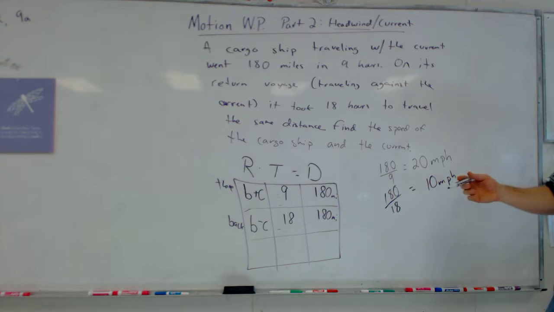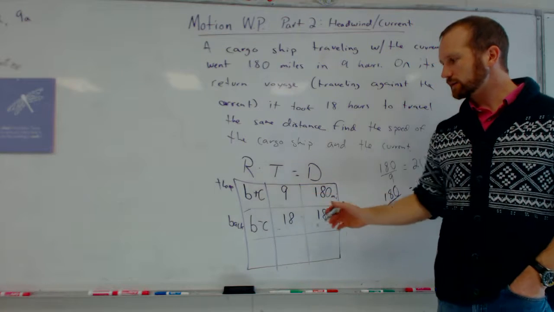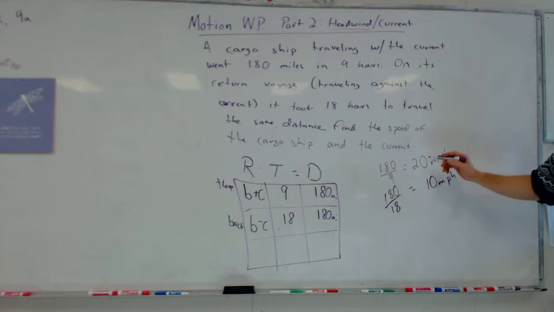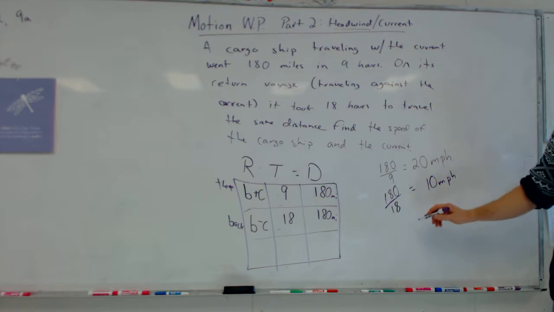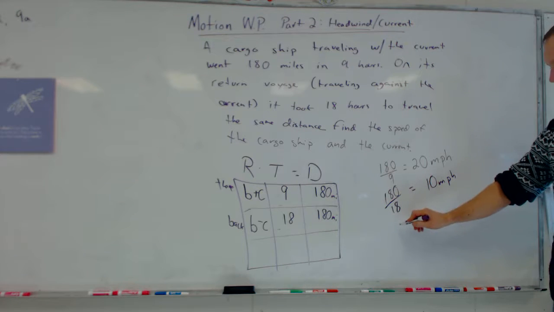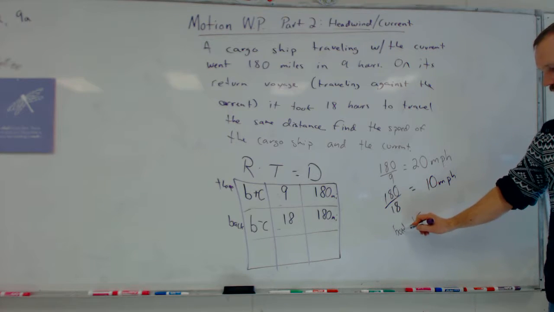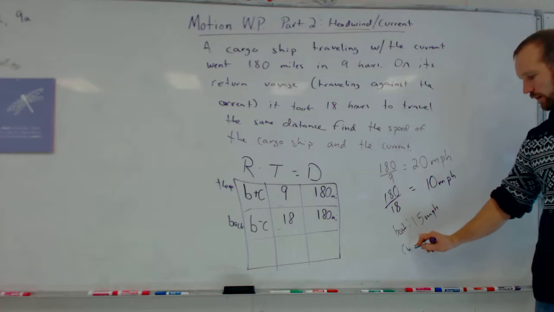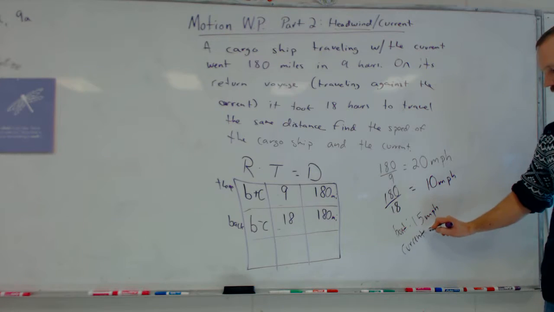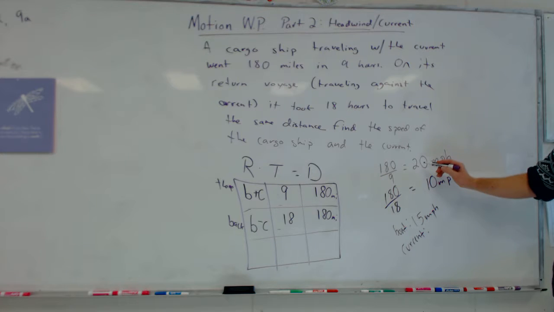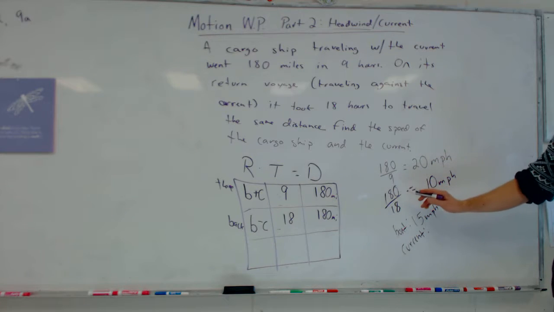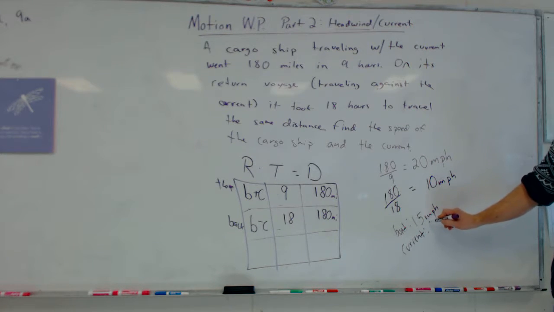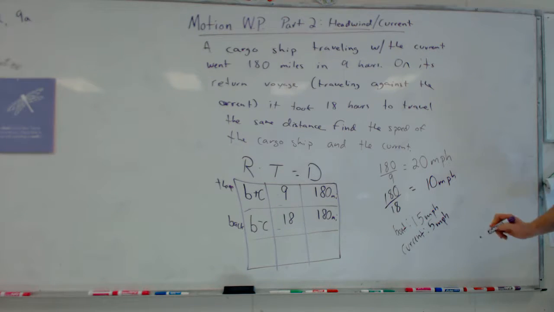The speed of his boat has to be halfway in between these two. So the boat speed is 15 miles per hour. When he's working with the current, 15 plus 5 is 20. When he's going against the current, 15 minus 5 is 10. So the current is going 5 miles per hour.